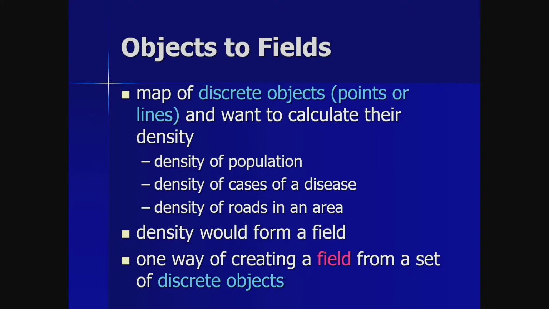We also can technically do the same thing with linear features and polygons, although this is usually applied to points. So we might get the density of roads in an area, or even the density of polygon features.